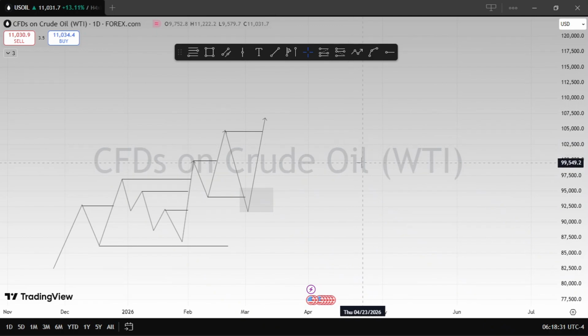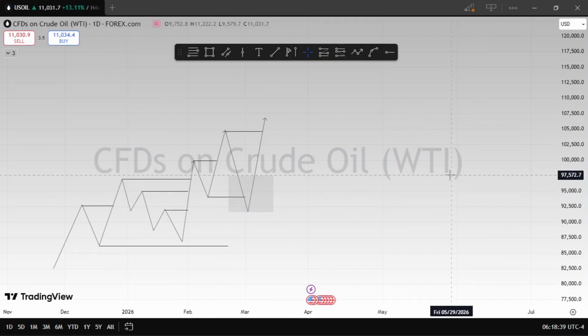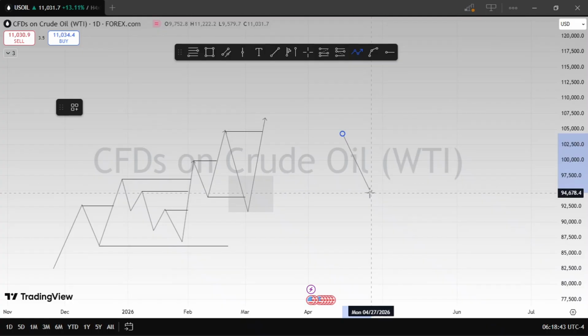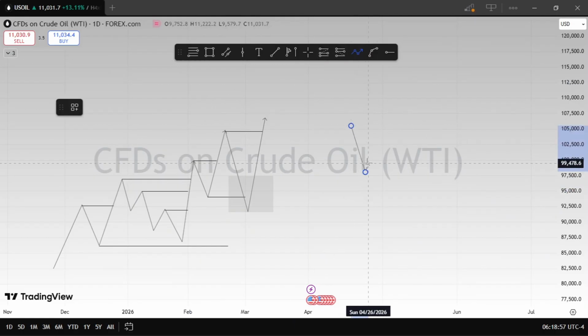How I take my entries: highlighting this area here, it's something like this. When price takes out the prior low on the lower time frame, as per the 15 minutes time frame, there will be something like this.